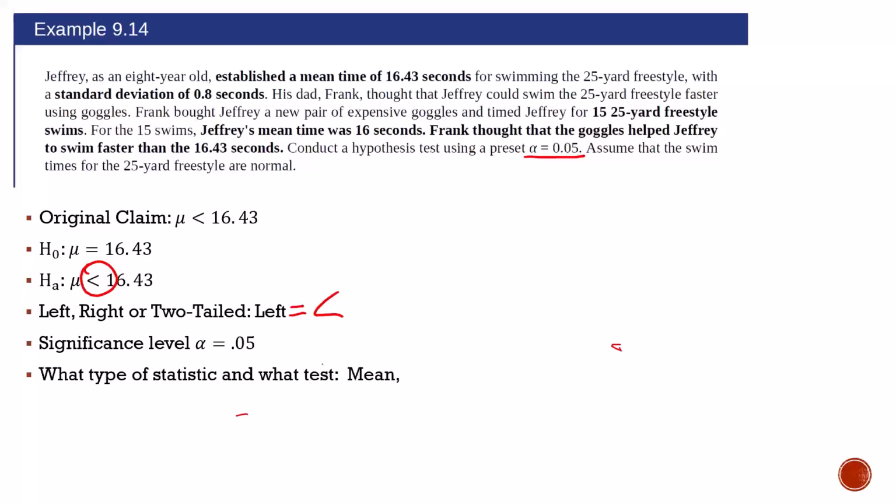Now, if it was a proportion, you always use a z-test, right? For a mean, do you always use one test or the other? That's a confusing question. Just because it's a mean, do we know whether it's t or z? No. Okay, this one's weird.